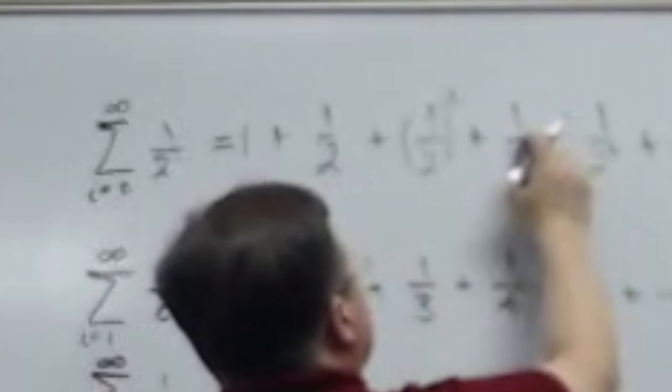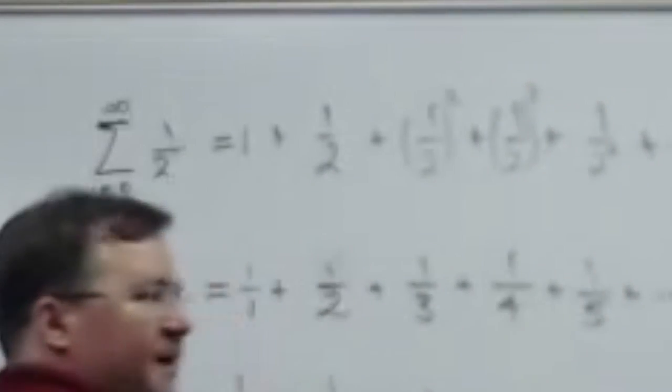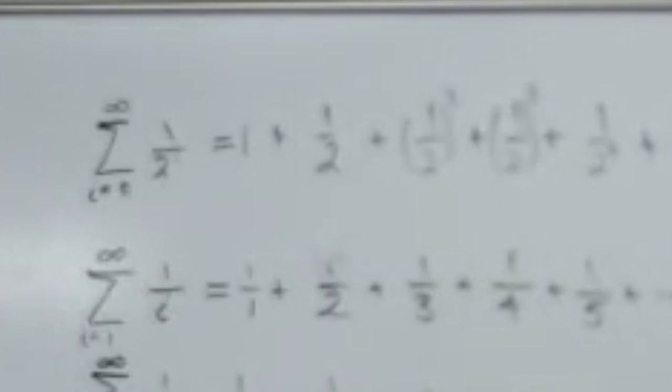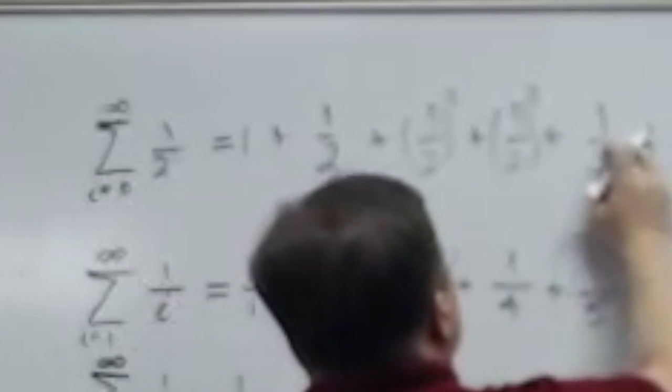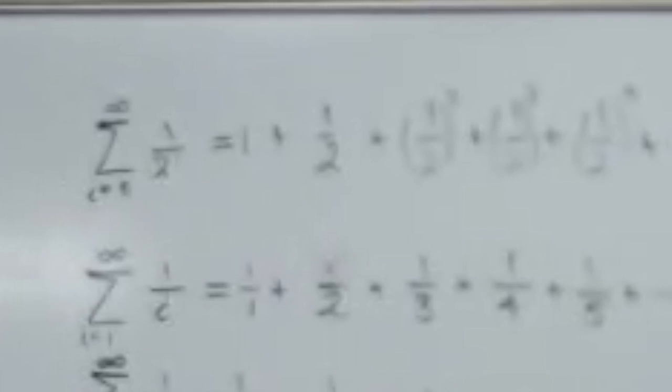And this 1/2 cubed, it's the same thing as this term multiplied by 1/2 again, right? This term right here is the previous term multiplied by 1/2 yet again. So in that, notice I've already covered at least 3 different ways of writing the same series.